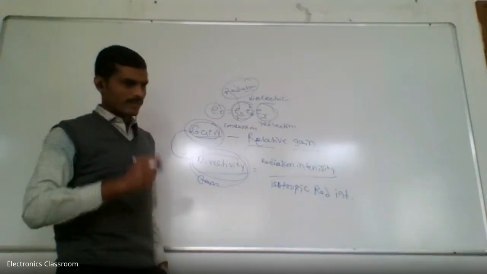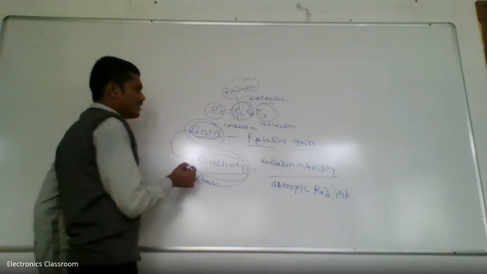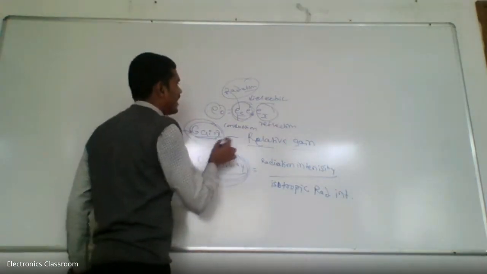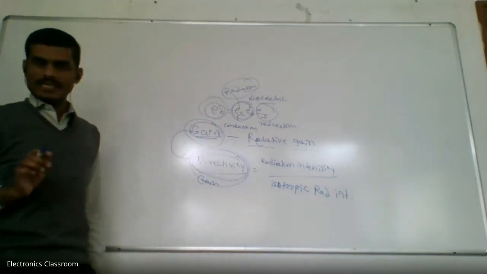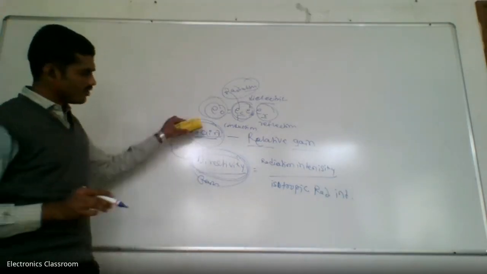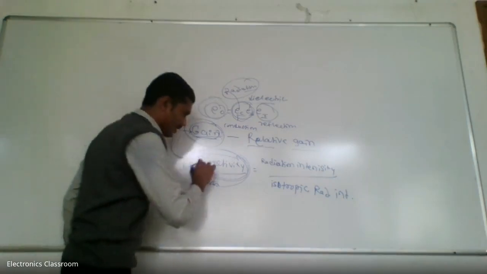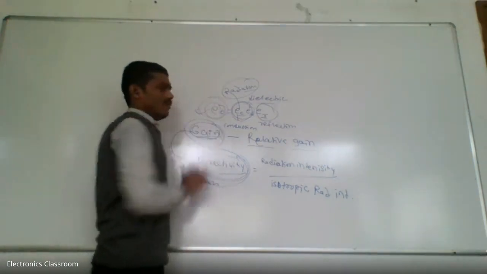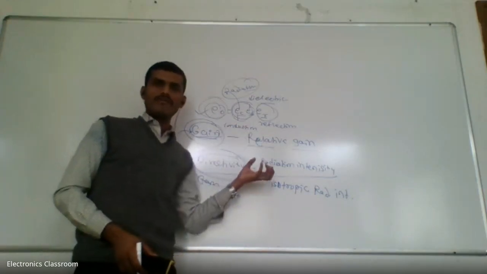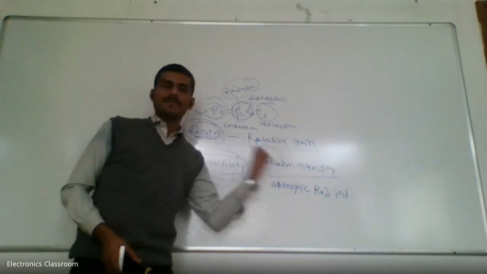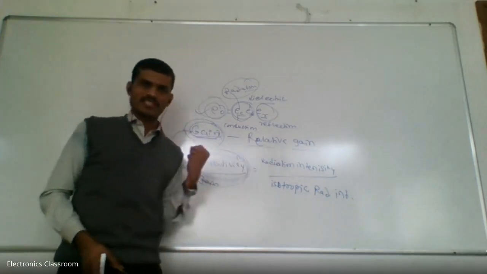Now your gain is totally related to the directivity and efficiency of the antenna. So before going to the gain, all of you must know what the directivity is and what the efficiency is. Efficiency of the antenna is the product of different efficiencies like conduction efficiency, reflection efficiency, and dielectric efficiency.